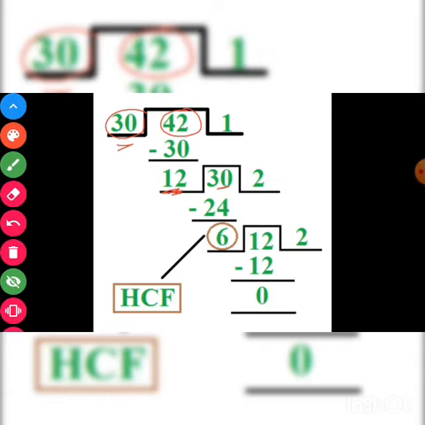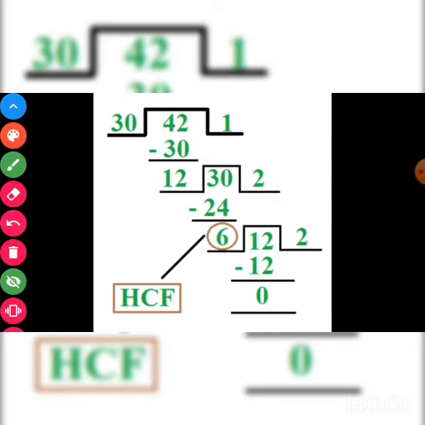The process is continued till we get the remainder as 0. Finally, the number by which we get the remainder 0 is the HCF of those numbers. Let us understand it with an example.